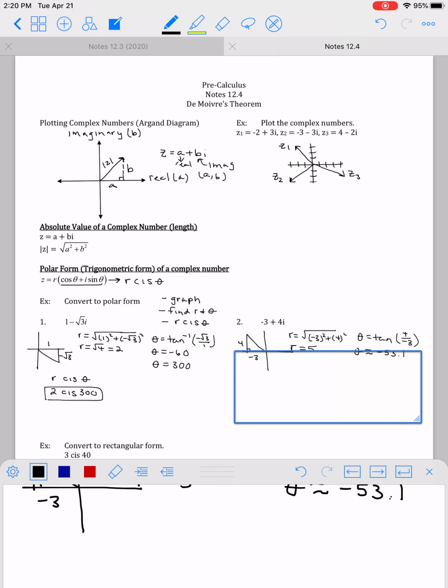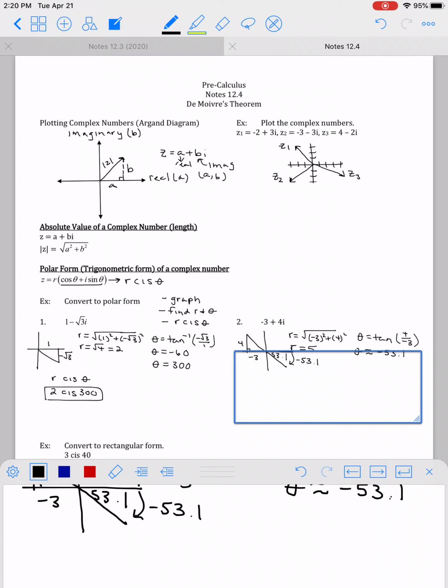So remember, a negative 53.1 is the reference angle. So if I came off my picture, my angle of rotation is negative 53.1, so that means my reference angle is 53.1.